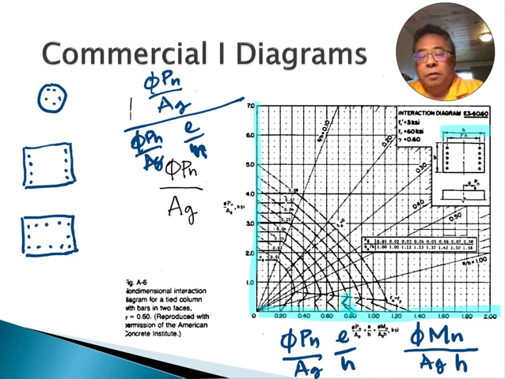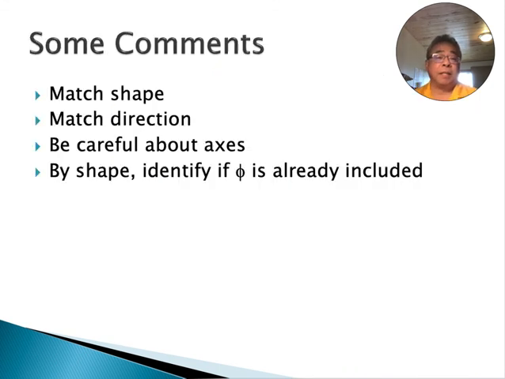There are rectangular ones that have steel only on 2 faces, and then there are rectangular ones that have steel on all 4 faces. They are different, so you have to make sure that you're using the right one. If your columns have steel only on 2 faces, you have to match the picture correctly. Just make sure you're matching the picture.